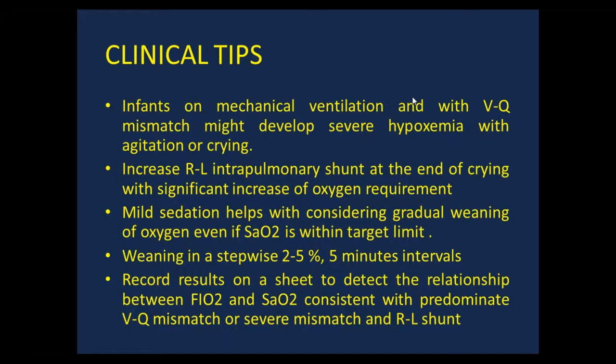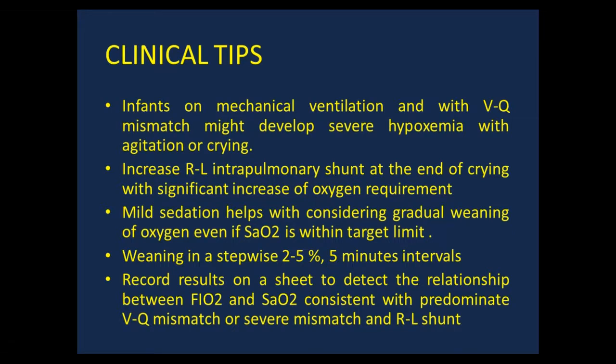Clinical tips: infants on mechanical ventilation with ventilation perfusion mismatch might develop severe hypoxemia with agitation or crying. The right to left intrapulmonary shunt increases at the end of crying, with a significant increase in oxygen requirement. Mild stimulation helps, with consideration of gradual weaning of oxygen even if arterial saturation is within the target limit.